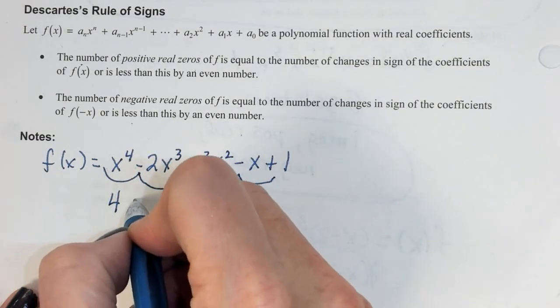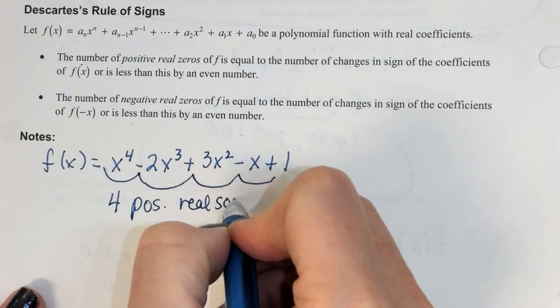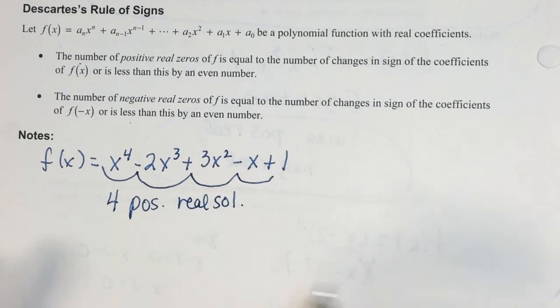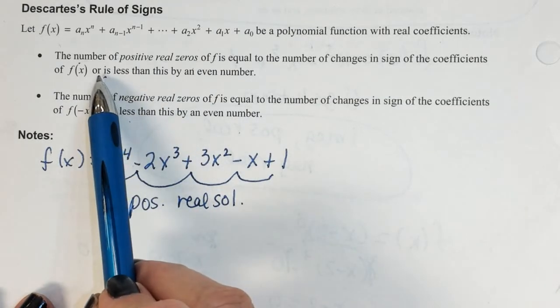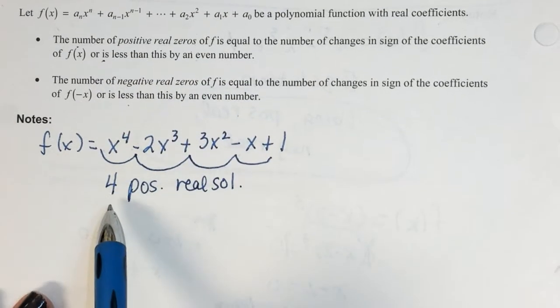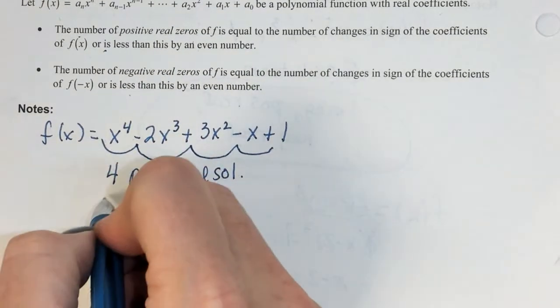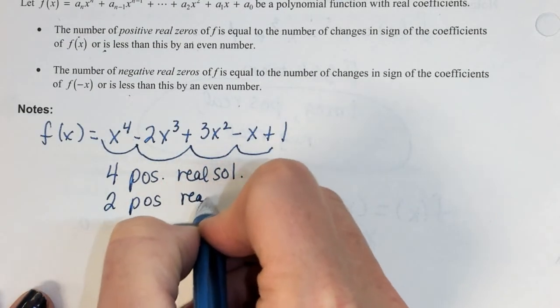So that means we could have 4 positive real solutions, or zeros. Solutions and zeros means the same thing. But it also says, or we could have less than this by an even number. So I could subtract 2, and maybe I'm only going to have 2 positive real solutions.